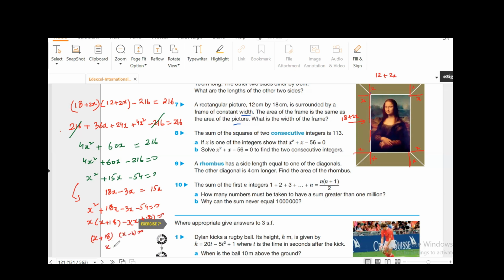It means we are getting two answers: one is x equals negative 18, and the other is x equals positive 3. As we have lengths, we choose the positive value, x equals 3. They want the width of the frame, so that is x equals 3. I hope you get it.